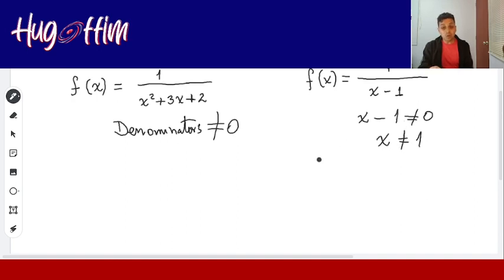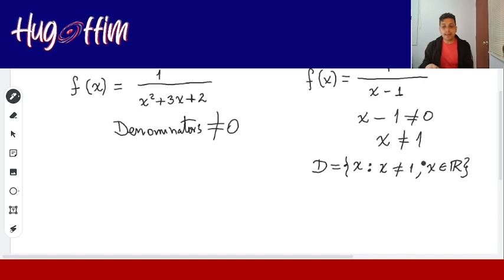Okay? So our domain is going to be told by x in a way that x is different than 1. Obviously, x belongs to real numbers.